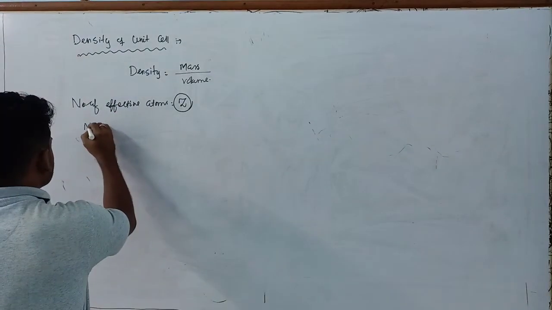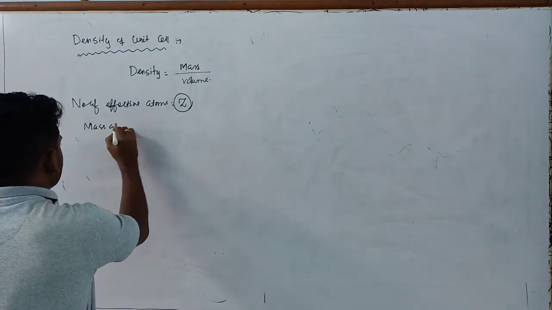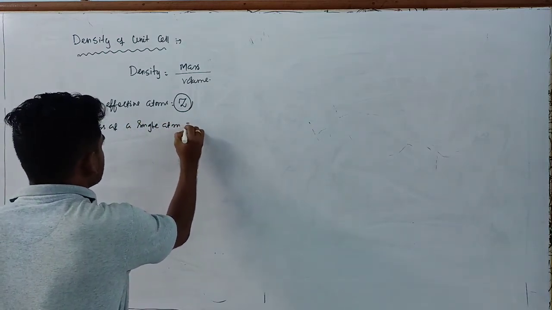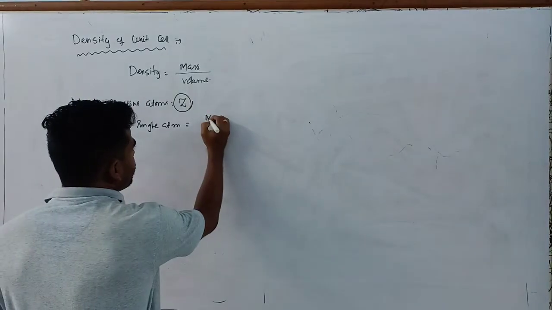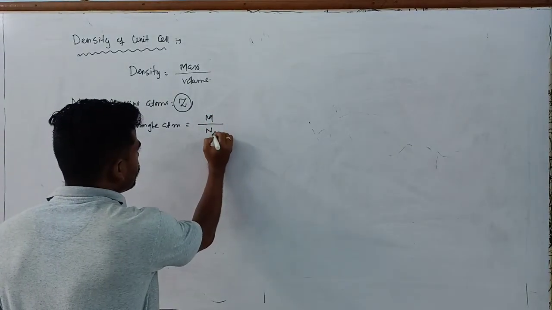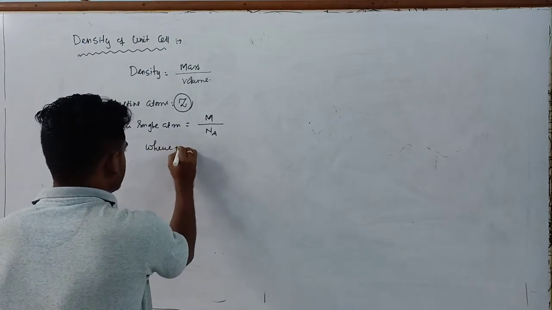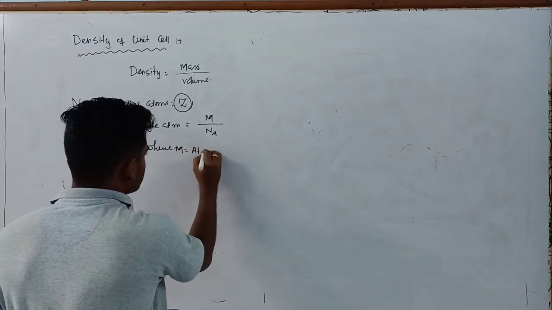So the mass of a single atom is equal to m upon Avogadro's number, where m is the atomic mass of the element.